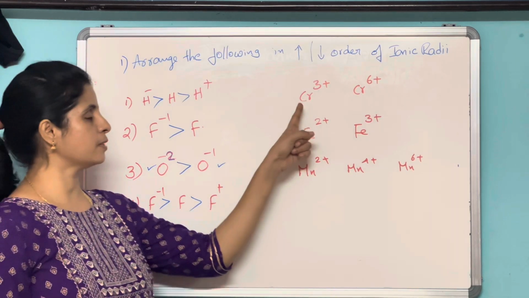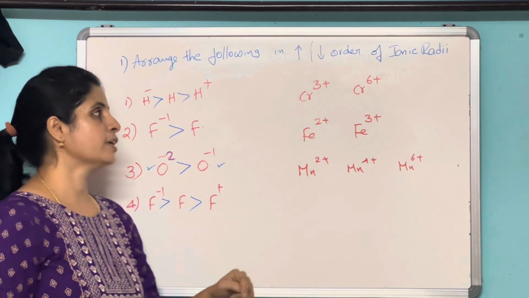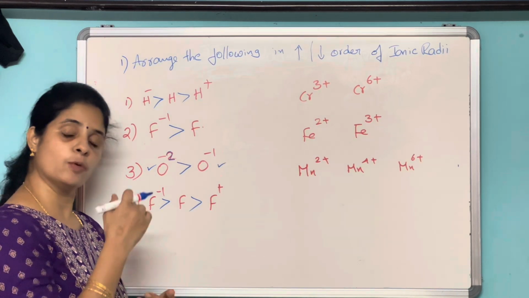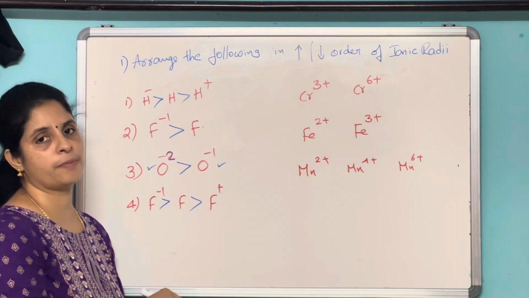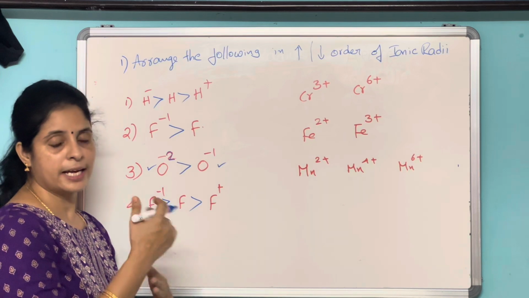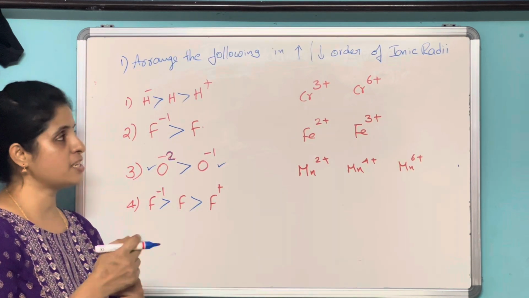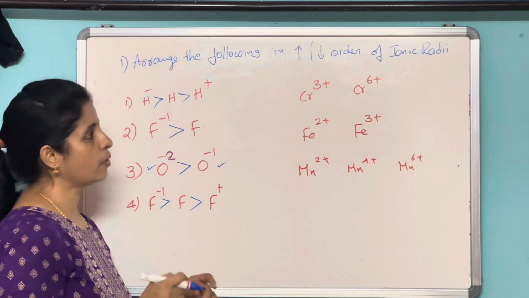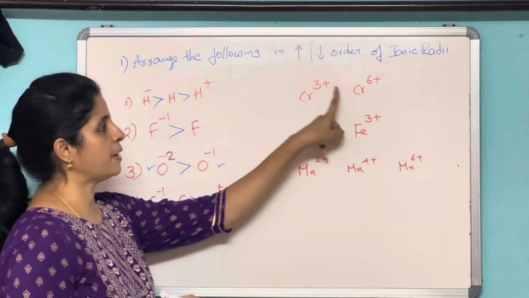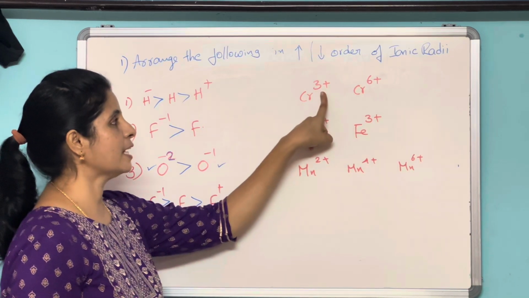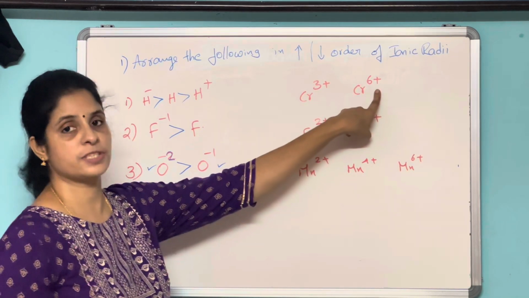And next, if you observe the cation, what happens to the cation? How is the cation formed? Removal of electrons leads to the formation of a cation, because electrons are lost, so a positive sign, a deficiency. Here we have chromium 3 plus and chromium 6 plus. Here there is loss of 3 electrons, and here loss of 6 electrons.